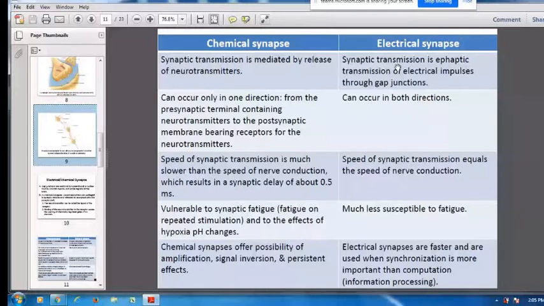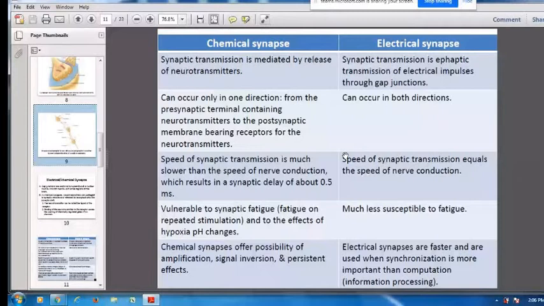In electrical synapse, communication is in both directions, but in chemical synapse, communication can occur only in one direction, from the presynaptic terminal containing neurotransmitters to the postsynaptic membrane bearing receptors for the neurotransmitter.